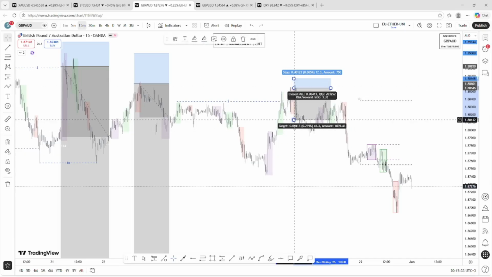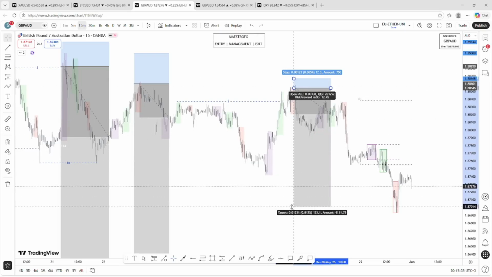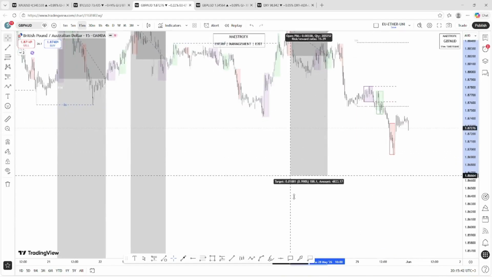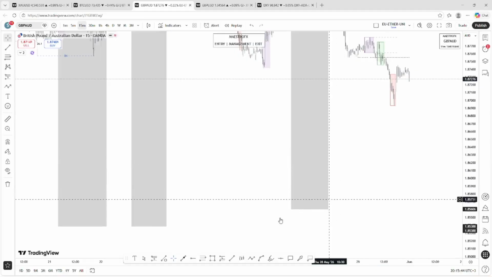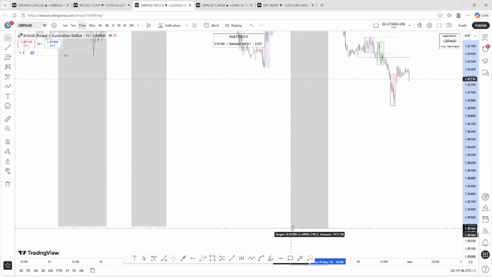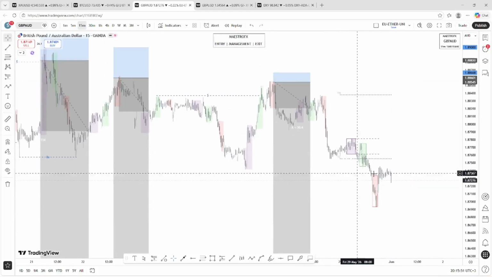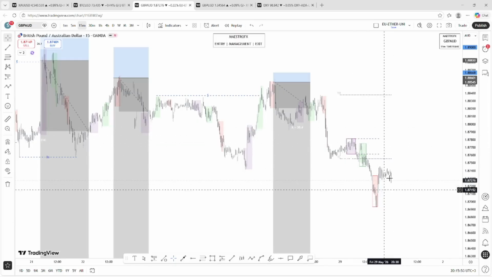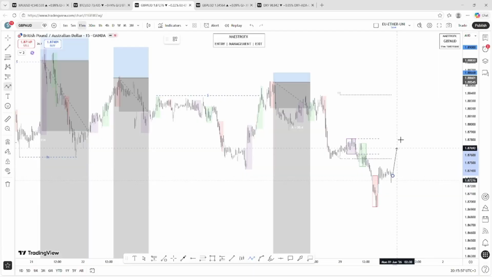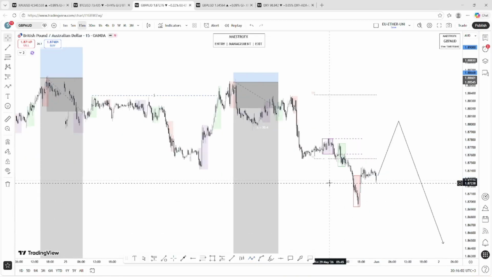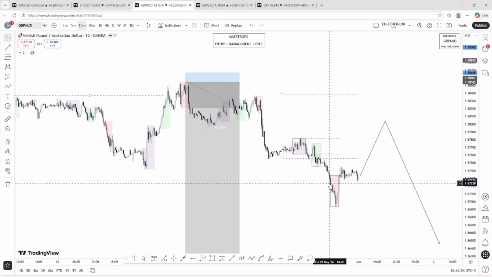You can see that the price moved as anticipated. Unfortunately, I closed all of my trades because I'm still anticipating we can have a correction to at least this area before we head further. So that's my analysis for the week.